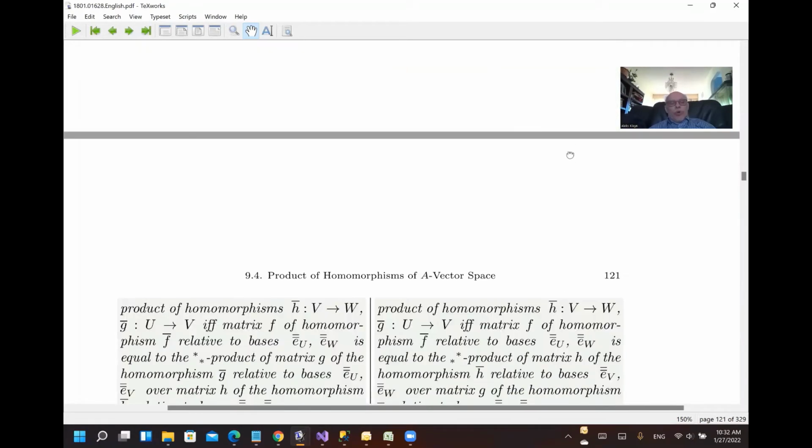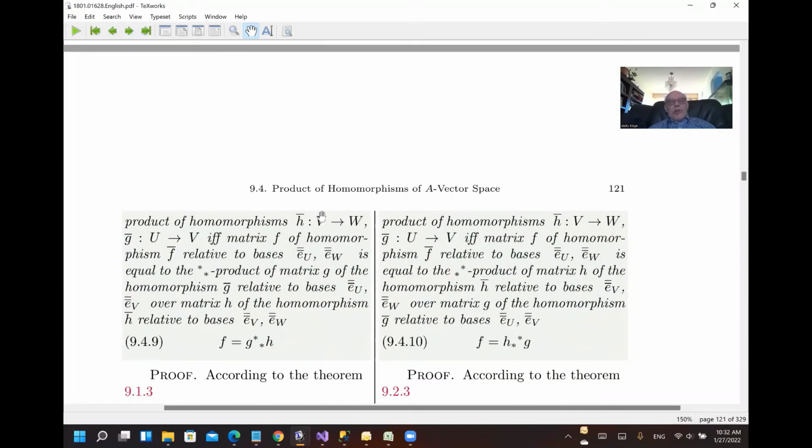is the product of homomorphisms H and G if and only if the matrix F of homomorphism F related to the basis EU, EW is equal to the CR product of the matrix G of homomorphism G related to the basis EU, EV over the matrix H of the homomorphism H related to the basis EV, EW.